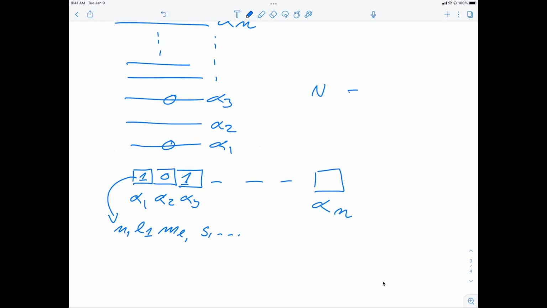That means that the total number of configurations, so I'm just writing configs, is now going to be equal to this binomial factor, which is N, the number of slots which we have, and n, the number of particles. And we've always assumed that n is smaller or equal than N here.